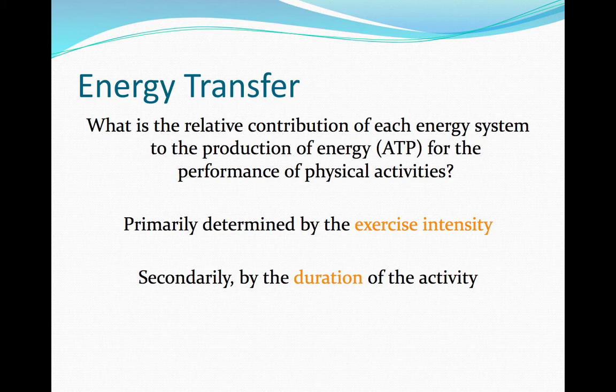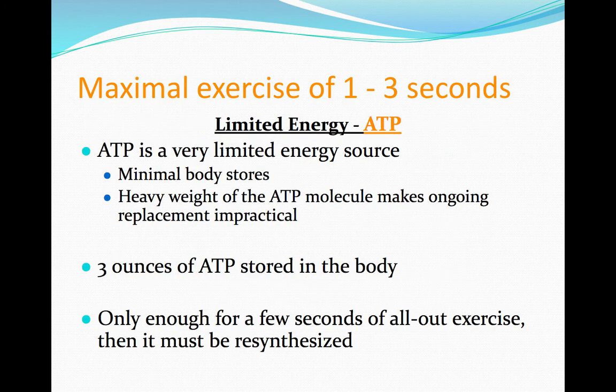So you have to know, what does that mean? If you're looking at a physical activity, an exercise, an event, whatever, you have to be able to determine how intense it is, and then you have to know how long someone does it for. It's these 2 bits of information that are going to lead you to be able to estimate very well which energy pathway is contributing the most or predominating.